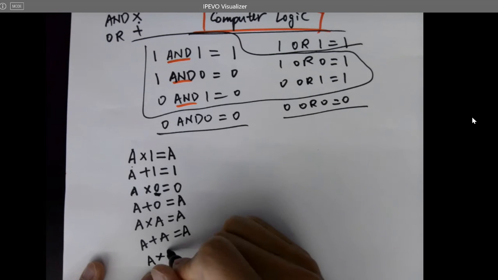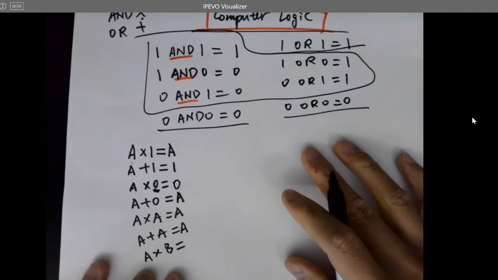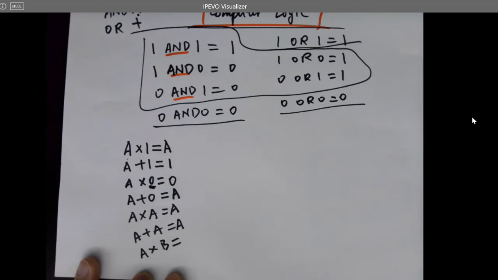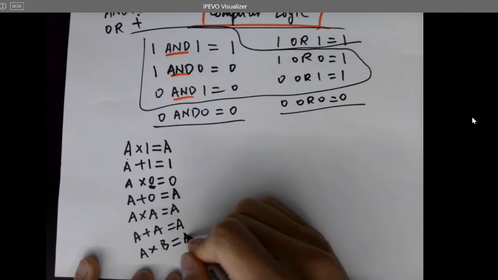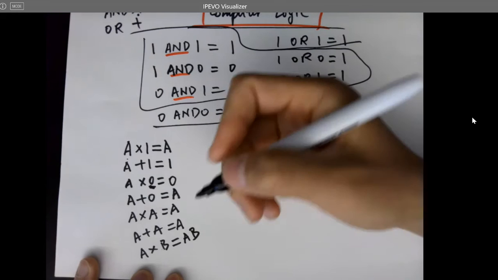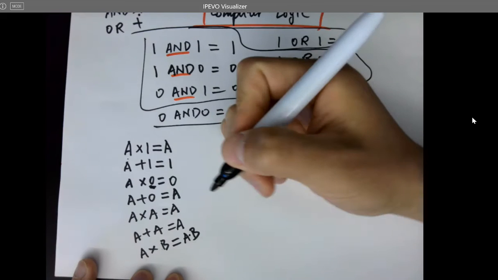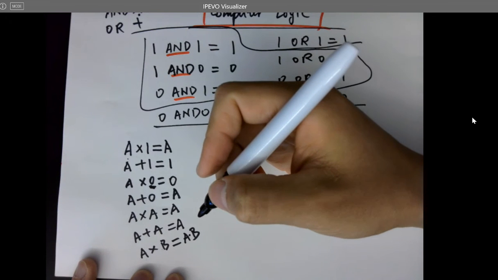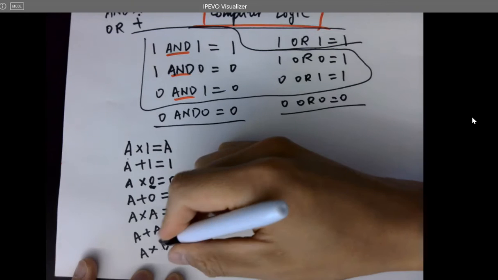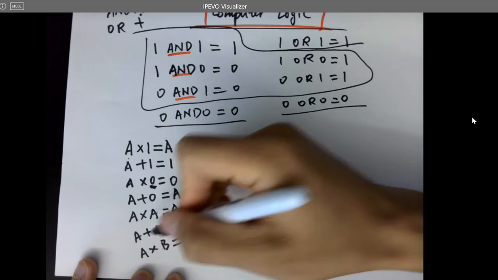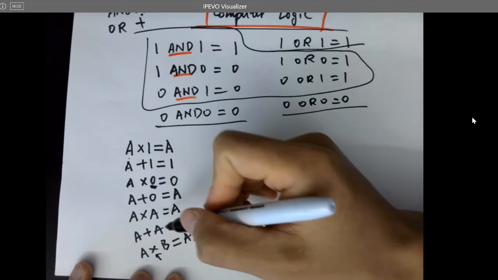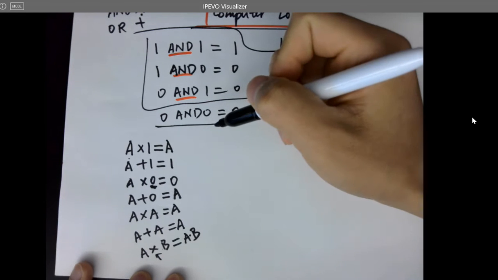A and B. No trap, just AB. Sometimes we just write it down like this, or a little dot in the middle to represent AND logic. There's nothing similar for the OR logic, but for AND logic, usually we just ignore that little operator here.